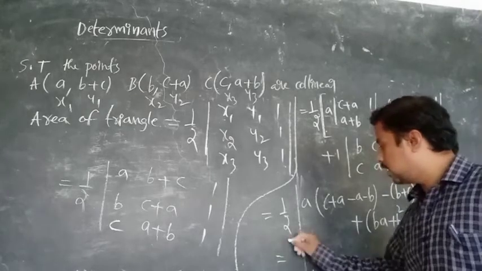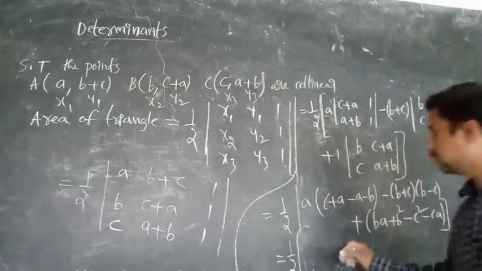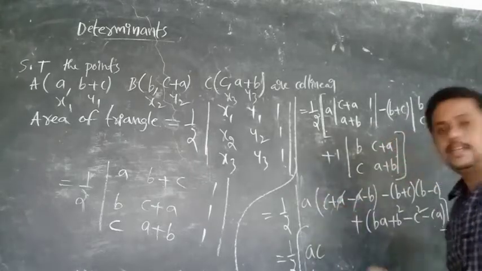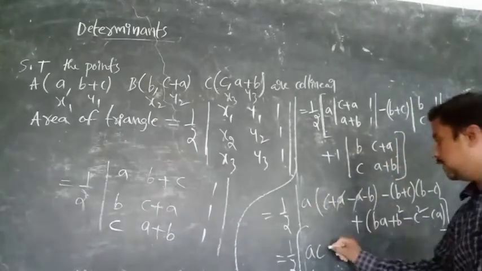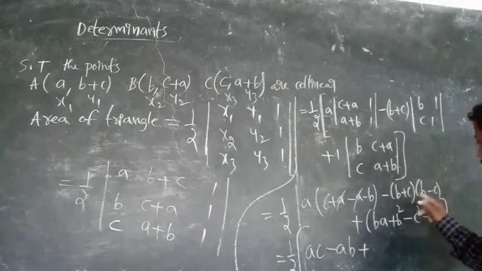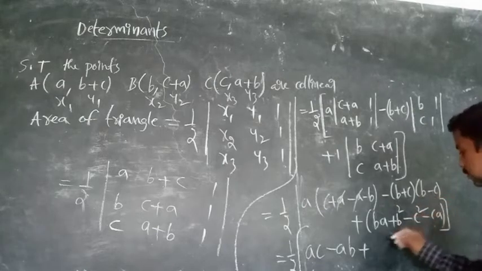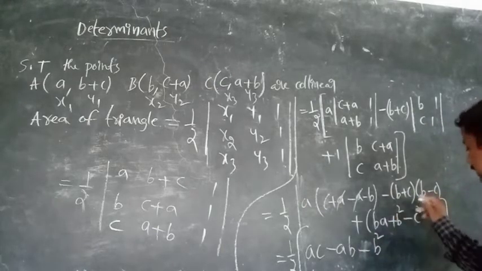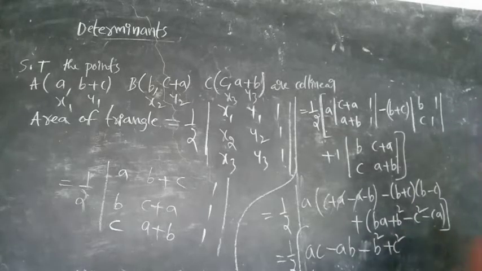Okay. Half into AA cancel. AC, A into B, AB plus B plus C into B minus C. B square minus B, minus into minus plus C square. Okay.